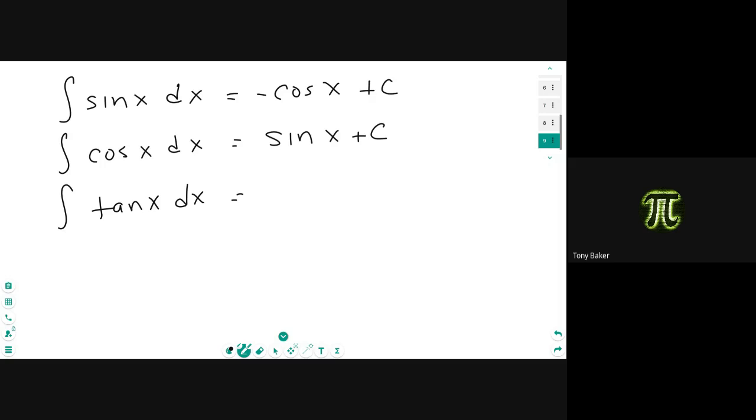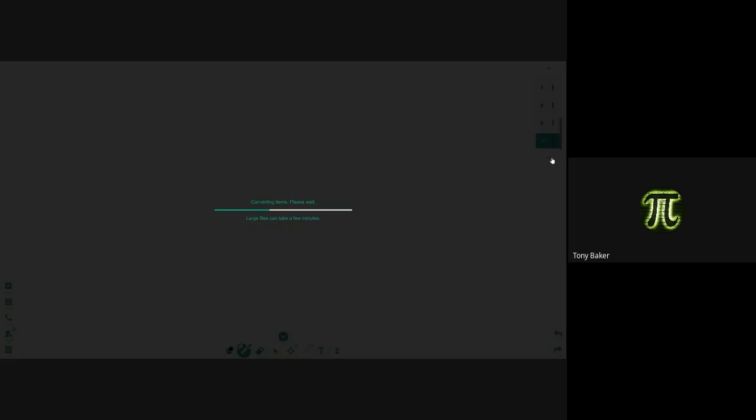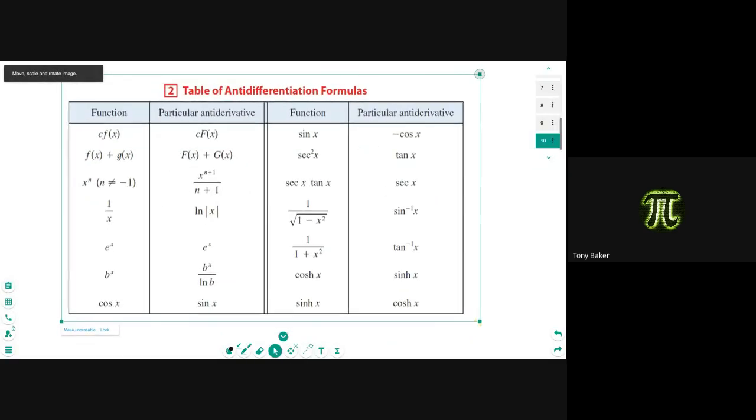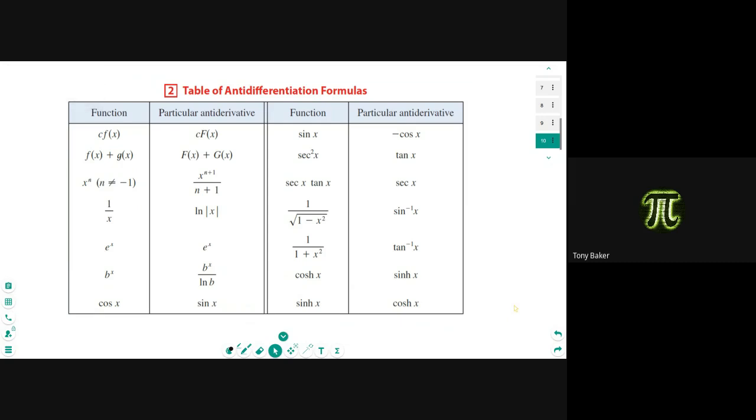Look at your table from the other day, or from when we did 4.9 with the antiderivatives. This was my table. Tangent x isn't on there.